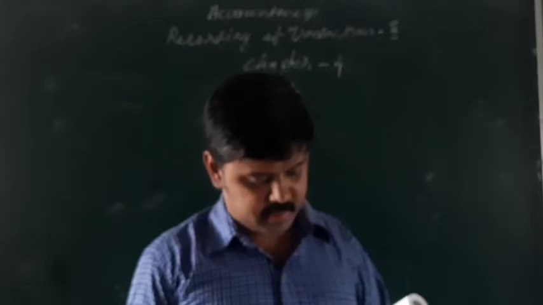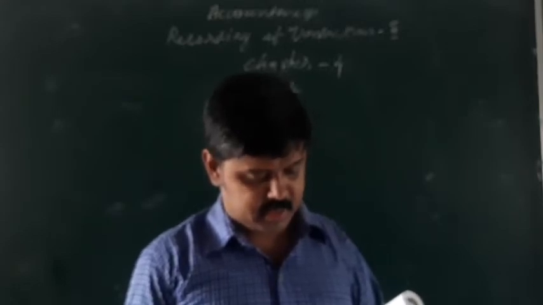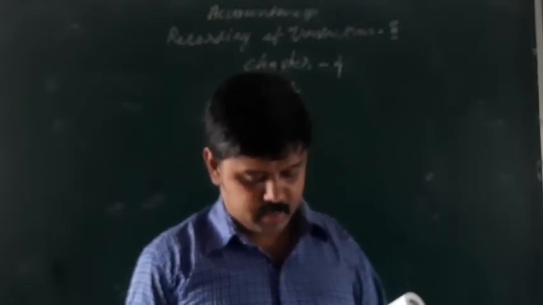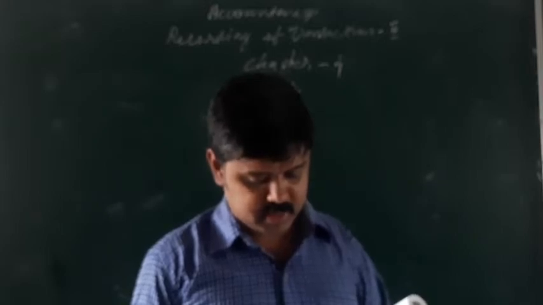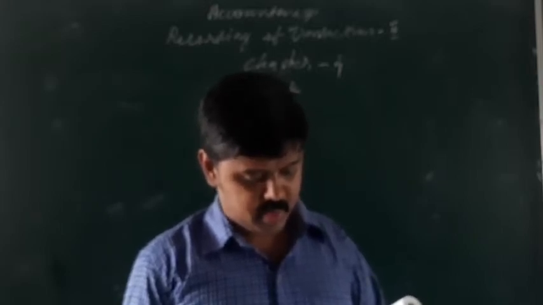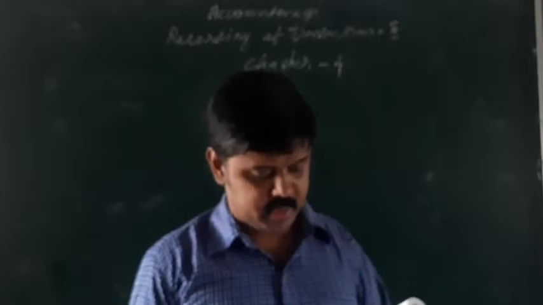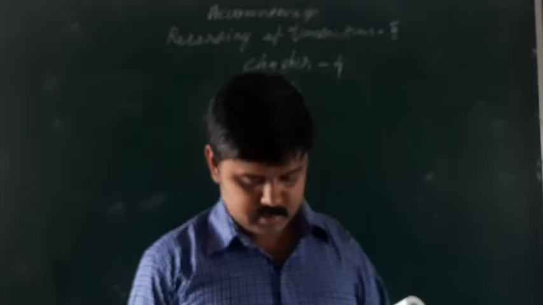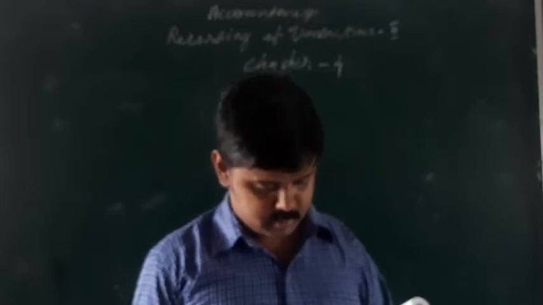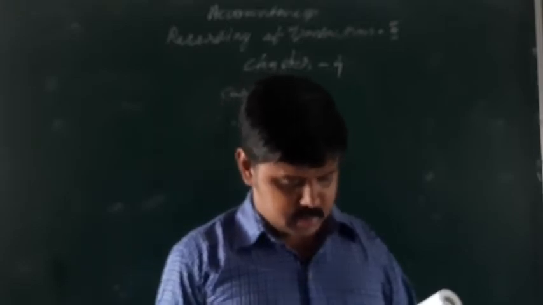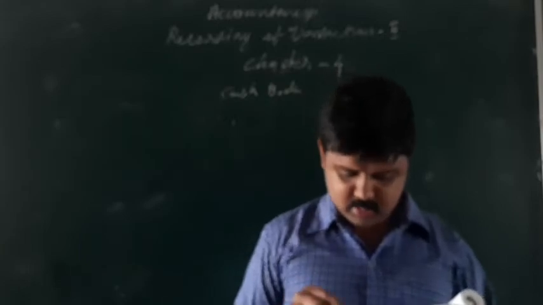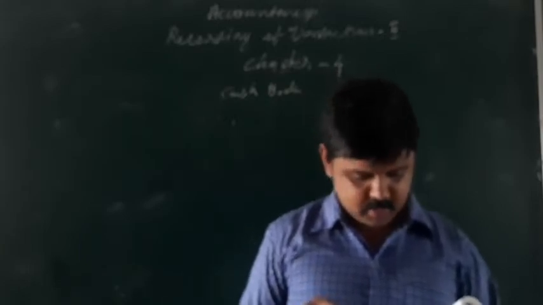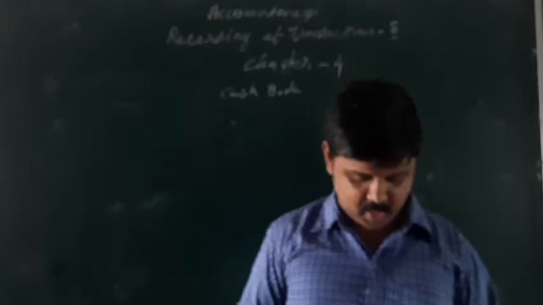Purchased stationery by check, 1,100. Check given to Rohit, 10,000. Cash withdrawn from bank, 2,500. Rent paid by check 2,500, and the salary paid 3,500.